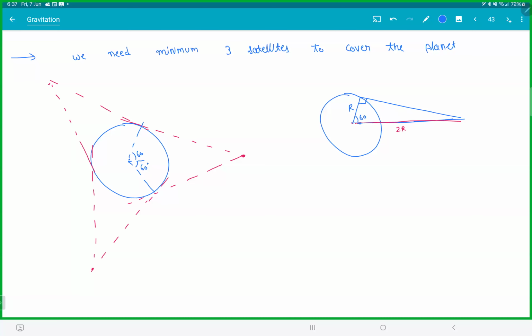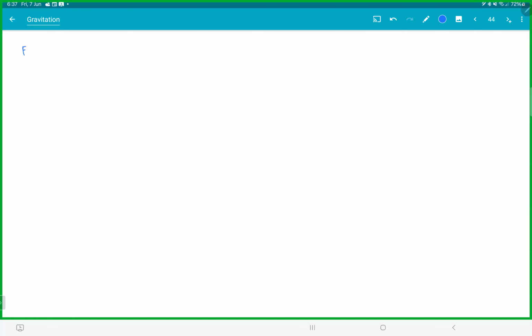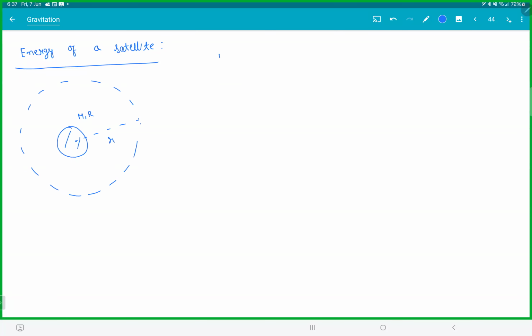Turn the page. Energy of a satellite. The potential energy is given by minus GMm by r.